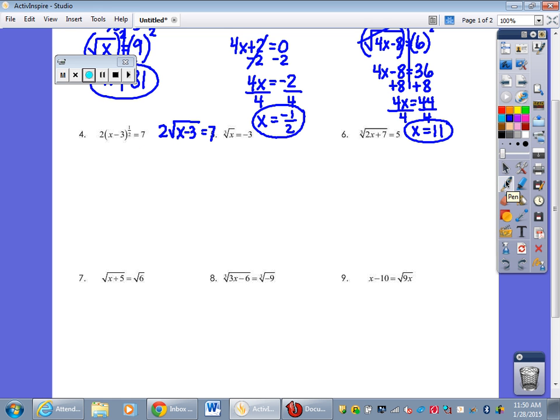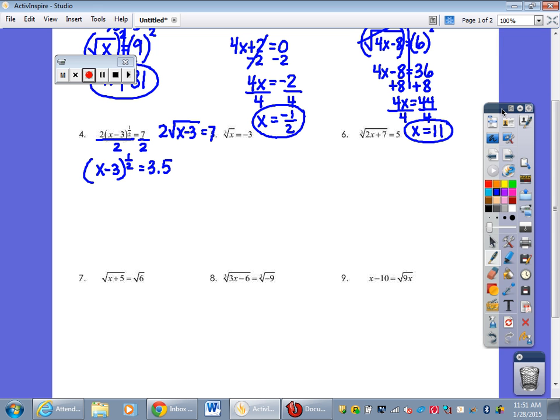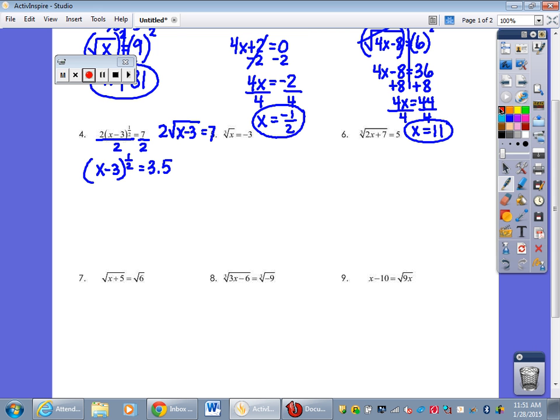So first thing I have to do is divide by 2. So I'm going to take x minus 3 to the 1/2 equals basically 7/2, or 3.5. Now 1/2 is like saying the square root, so I would need to square both sides. Oops, we need to square both sides. When I square a half, that's going to cancel it.